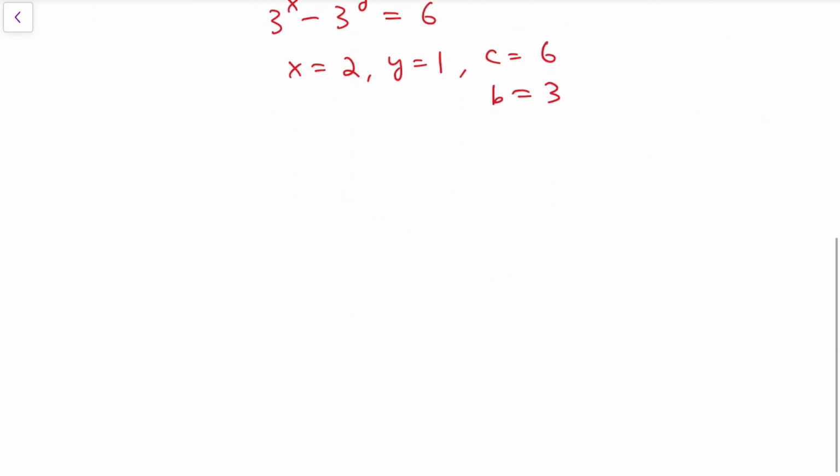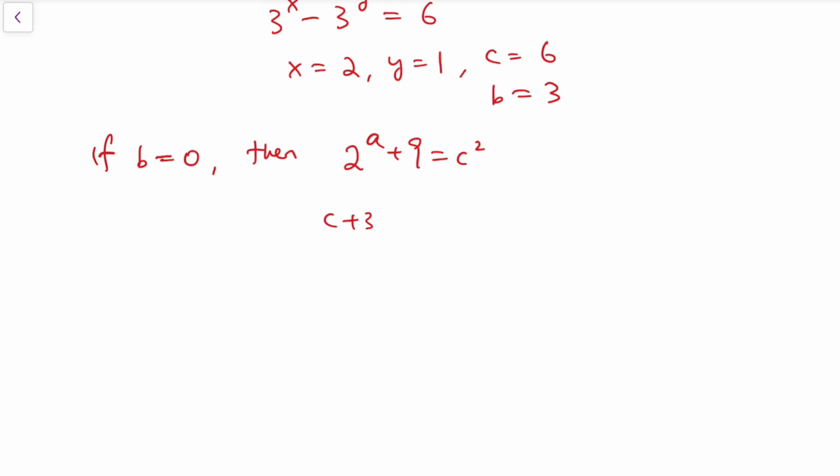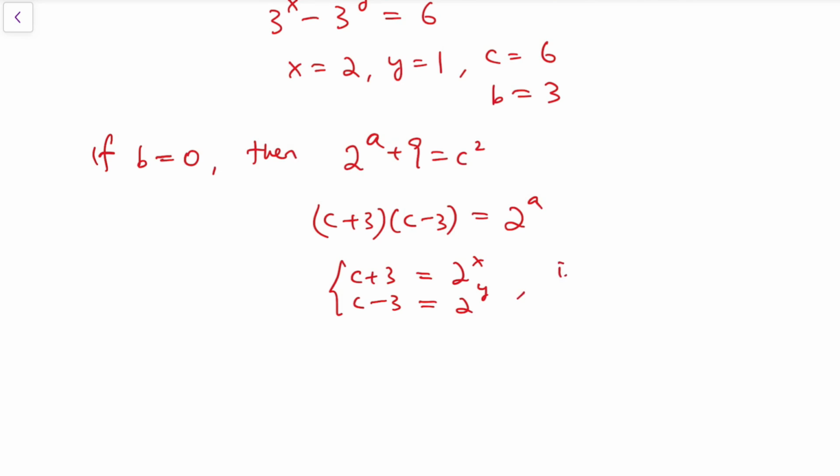That's the first case. Next, we can check when b equals 0. Using a similar argument, we have 2^a plus 9 equals c squared. Again, the product of c plus 3 and c minus 3 is now a power of 2. So I'll let each of these two expressions equal some power of 2 again.